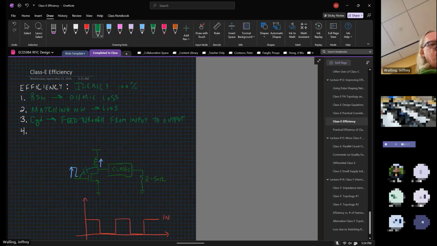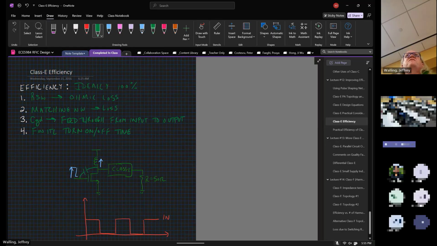And then, one other thing that we really have to think about is that these things all have a finite turn on or turn off time. So the original supposition for the Class E amplifier was that we could instantaneously turn the transistor on and instantaneously turn it off.